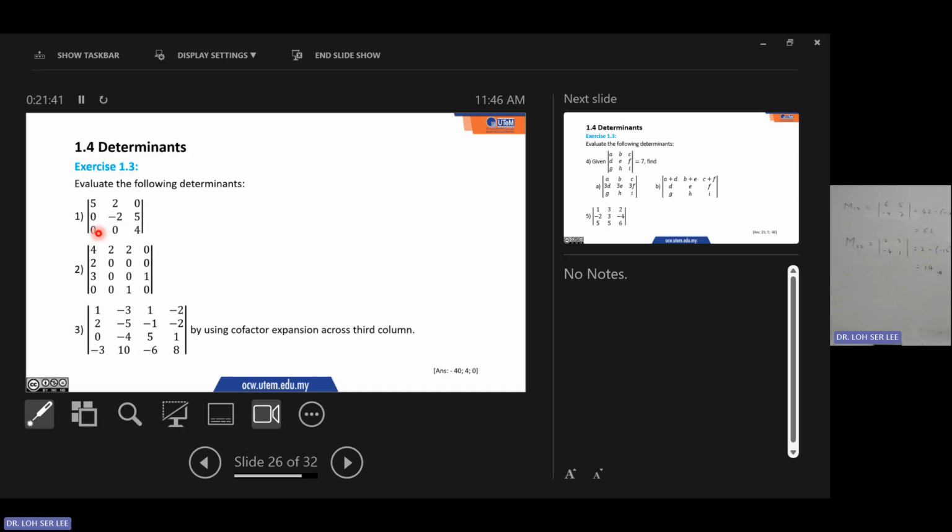So you just find the product of the diagonal entries: 5 times -2 times 4.